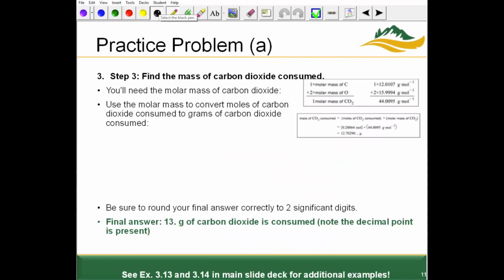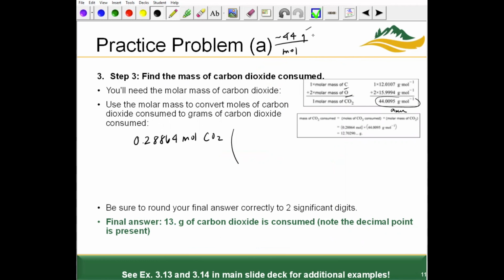For the molecular mass of carbon dioxide, we have 1 carbon and 2 oxygens. So this turns out to about 44 grams per mole, or 44 AMU. So here's our conversion factor for carbon dioxide. Then from the last slide, we know we have 0.28864 moles of CO2.